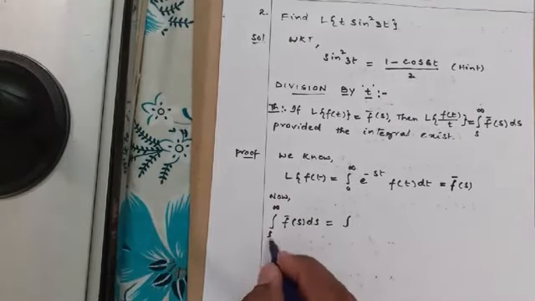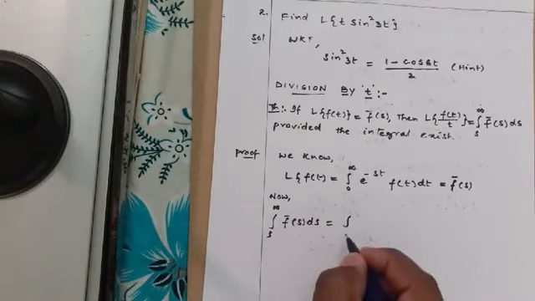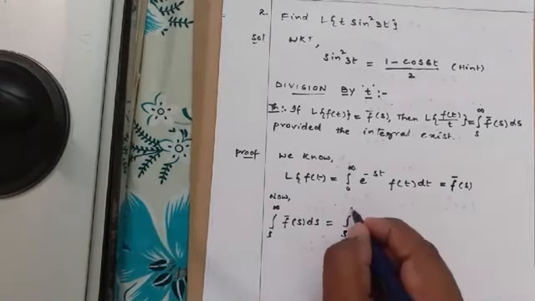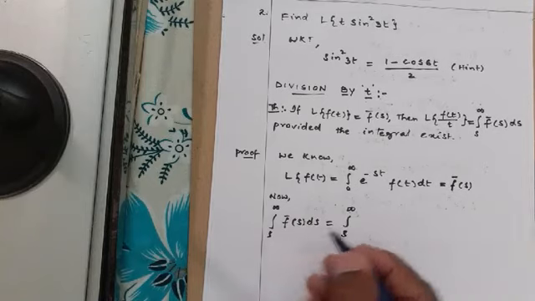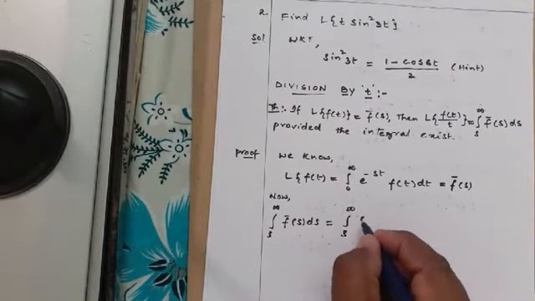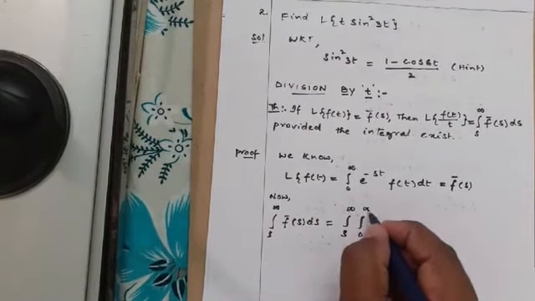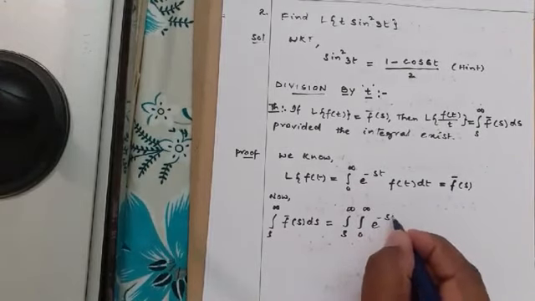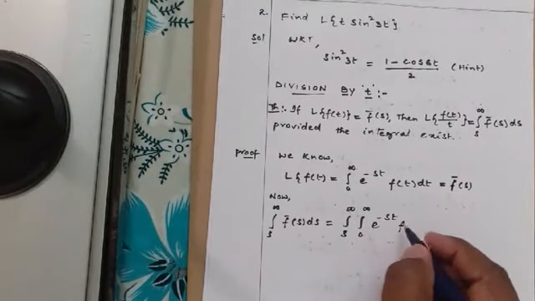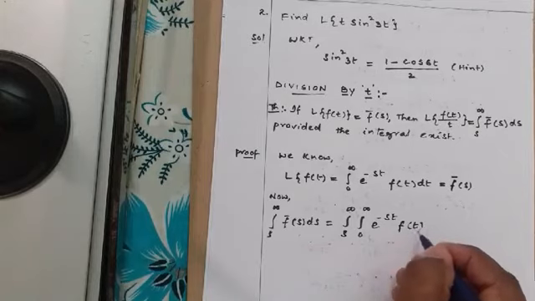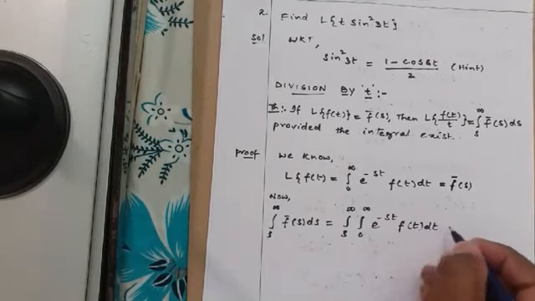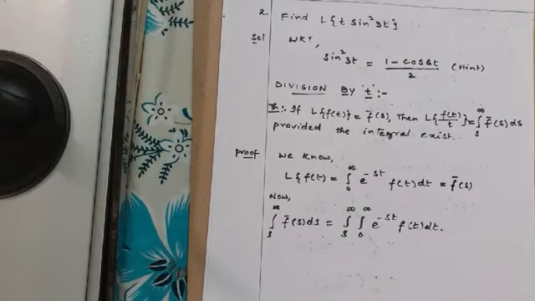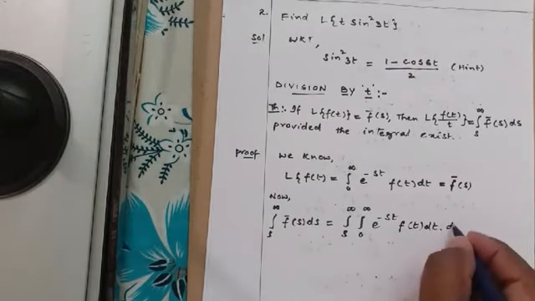So here already we have one integral, so I write first integral s to infinity, and in the place of f bar s, I am writing this one. So then this becomes integral 0 to infinity e power minus st f of t dt, into, again here we have ds.